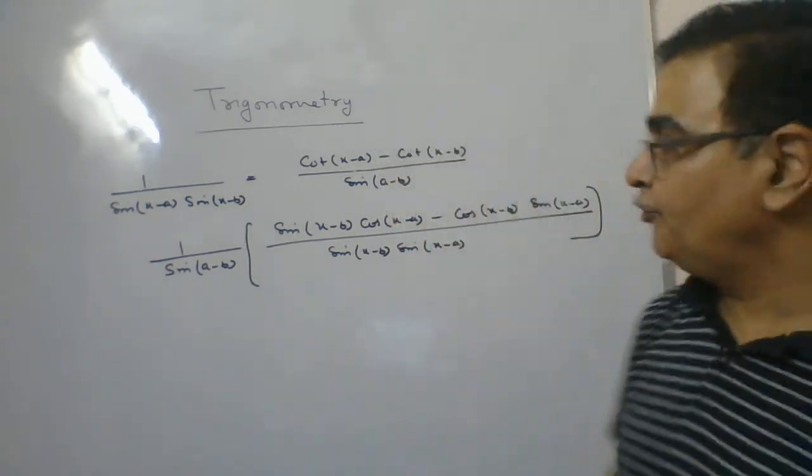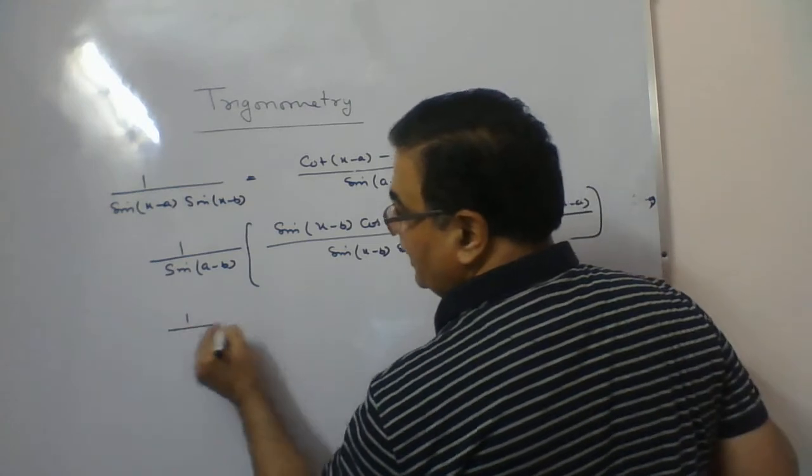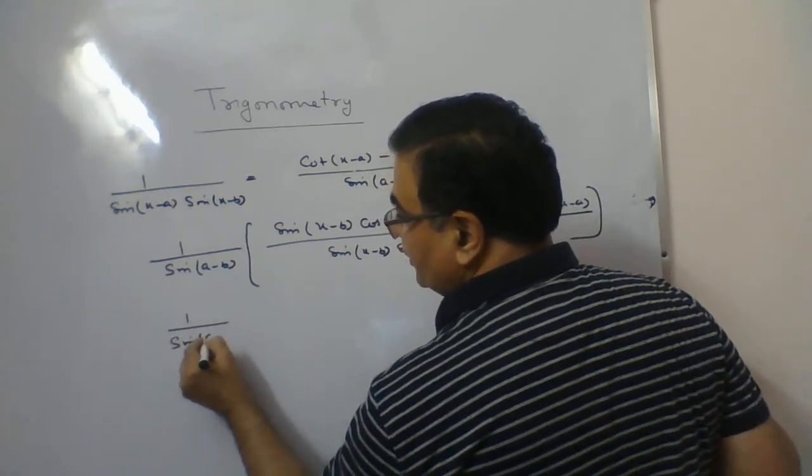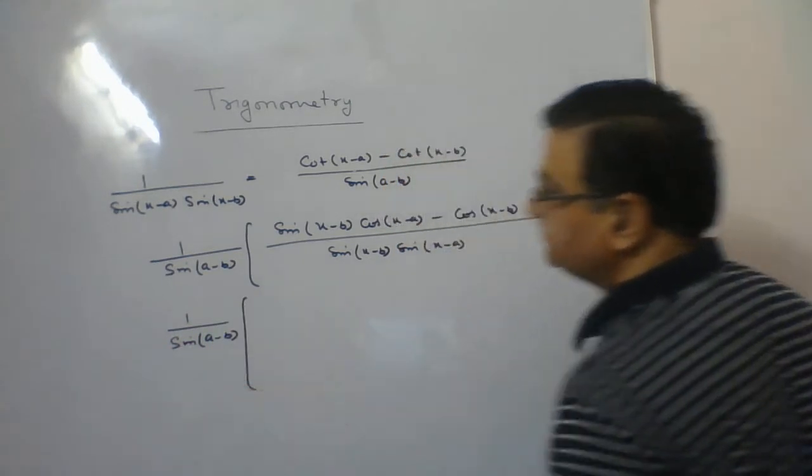Now when you solve it further, 1 by sine of A minus B here.